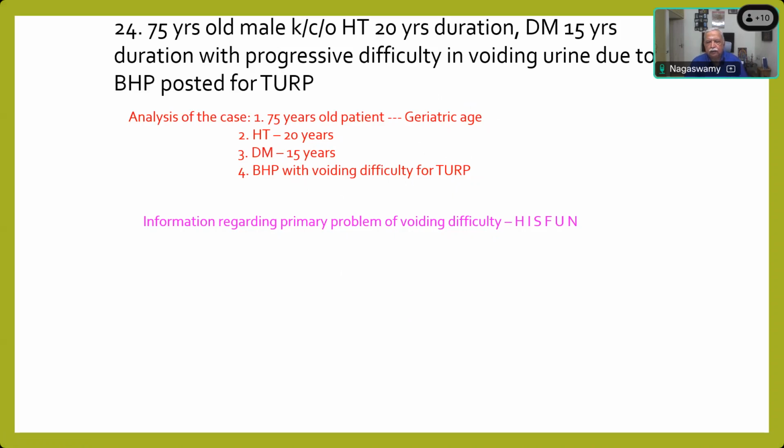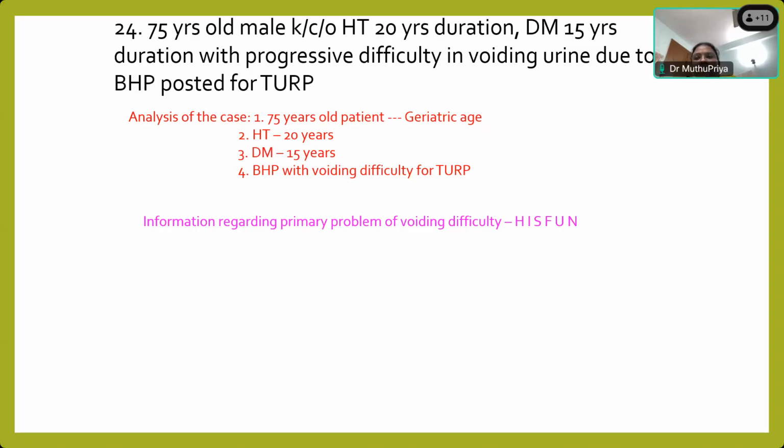Hesitancy, very good. I: incomplete sense of voiding. Incomplete voiding, very good. And also intermittent stopping. He may not have a continuous stream, he may have intermittent stopping. And S for stream, thin stream. And F for frequency.